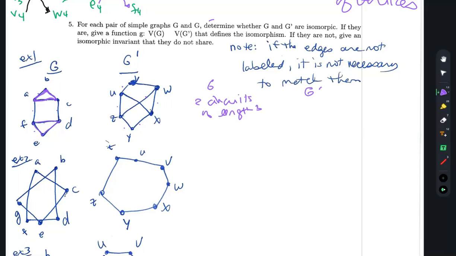No. If I look at this, I have a circuit of length 4, another 1, 2, 3, 4. It has circuits of length 4, not length 3. So that's the invariant. So it's not isomorphic.